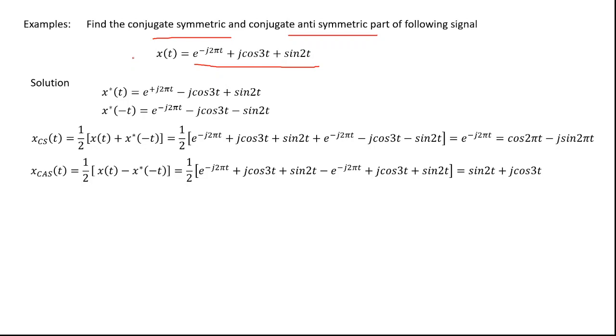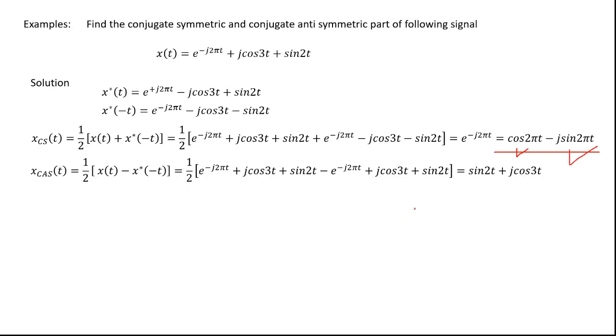So, this signal can be represented as a sum of the conjugate symmetric and the conjugate antisymmetric signal. That can be calculated using this formula, and thus we obtain the conjugate symmetric part, which is given as a cos signal and a sine signal.